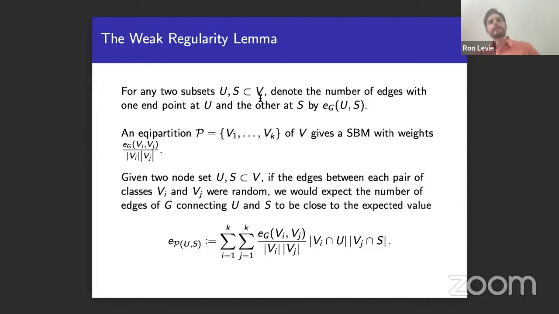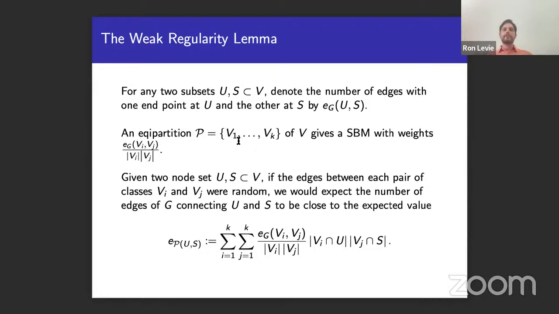Let's denote the node set by V. For each pair of node sets U and S, let's denote by e_G(U,S) the total number of edges between nodes in U and nodes in S in the graph G. Now, given some partition of the set of nodes into non-intersecting classes V_1 until V_k, we can define the stochastic block model that in some sense best approximates the graph using these predefined classes.